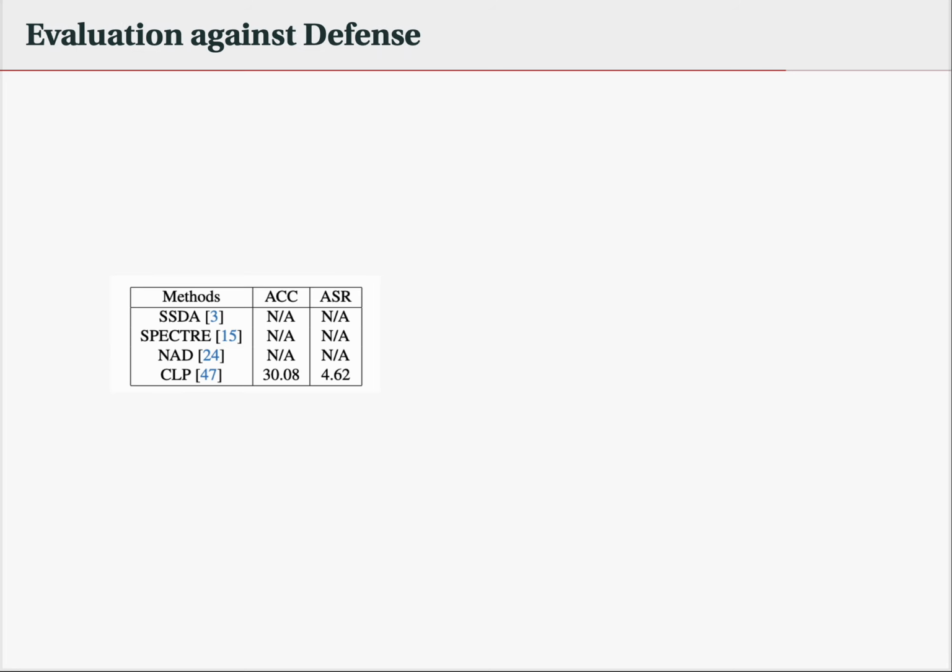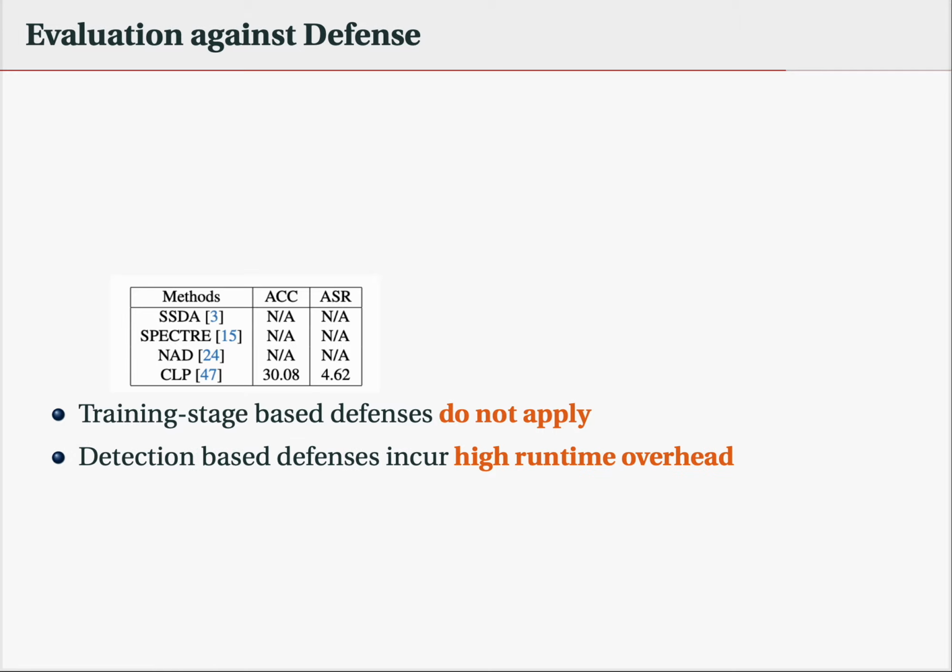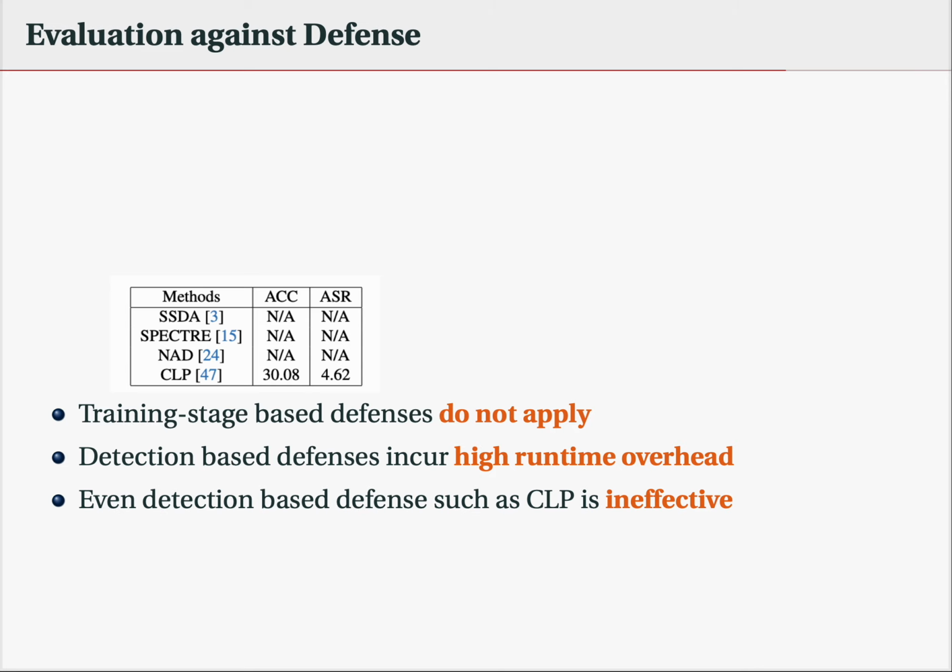When evaluating against defense strategies, the training stage based defenses do not apply since this is an inference stage Trojan attack. And the detection based defenses incur high runtime overhead since the attack timing remains unpredictable. Thus, the detection based defense must be applied continuously throughout the runtime, which yields high runtime overhead.